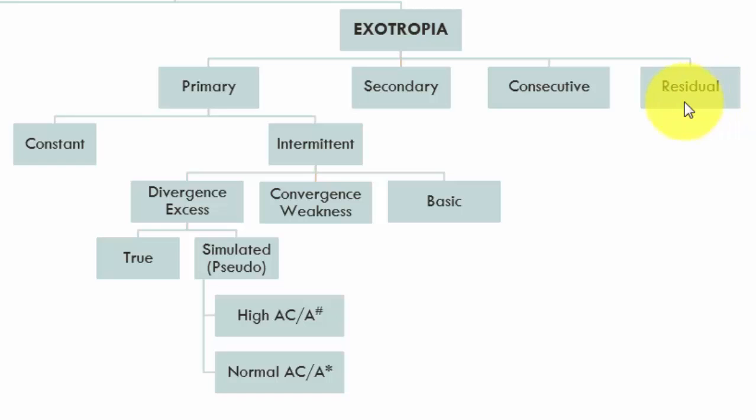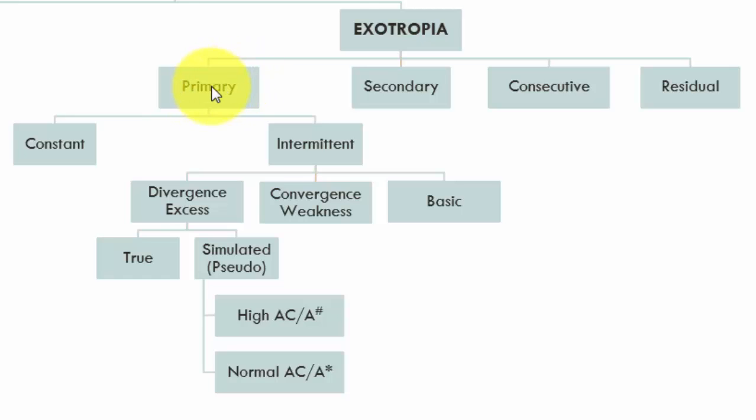And finally, we have residual. This is also a term related to a post-operative outcome, and just as the term suggests, this is a patient who had an exodeviation preoperatively. The patient has been operated on, and now they still have an exodeviation, so they have a residual exotropia.